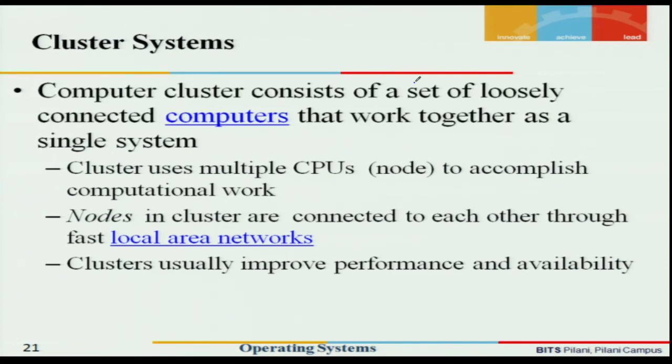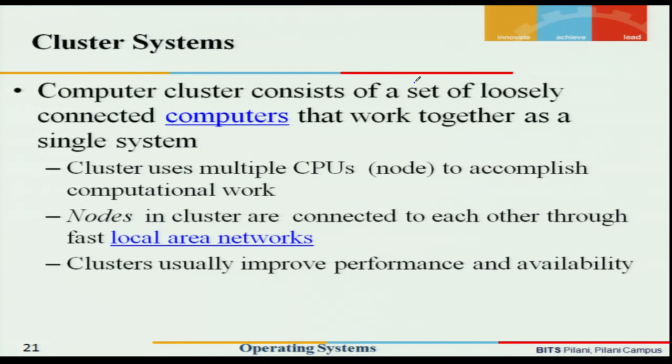CPUs as nodes to accomplish a computational task. For example, let's say that I need to multiply two matrices. One way of solving this problem is to take one matrix and another matrix and do the multiplication on the same CPU. Whereas what I can do is take one row and one column of a matrix and give it to CPU number 1, take the first row and second column and give it to another CPU.